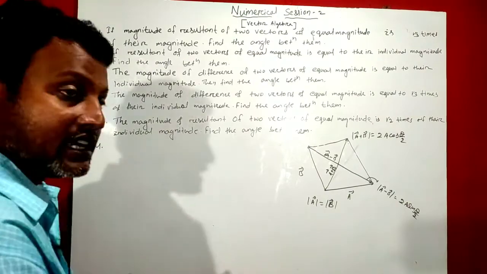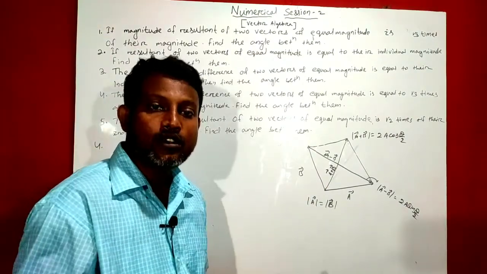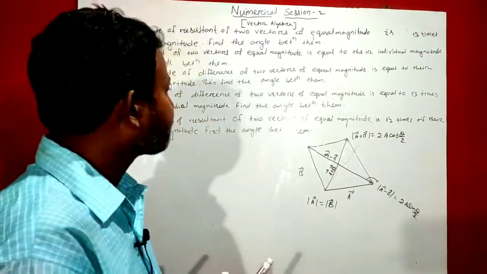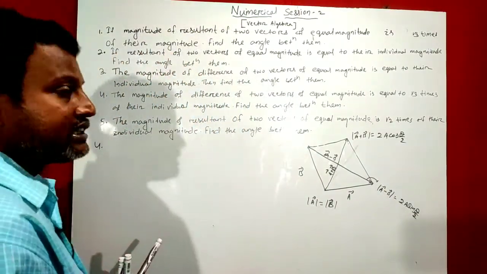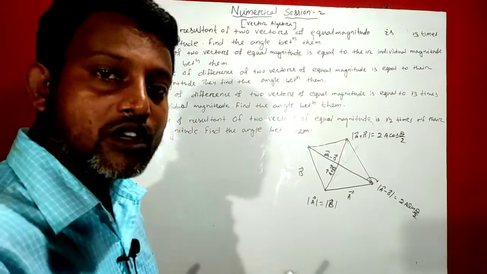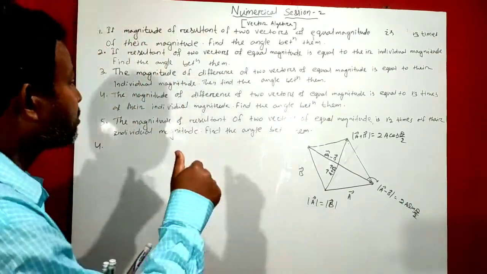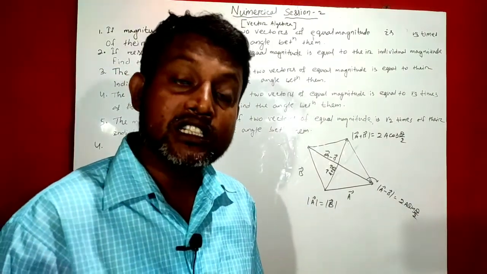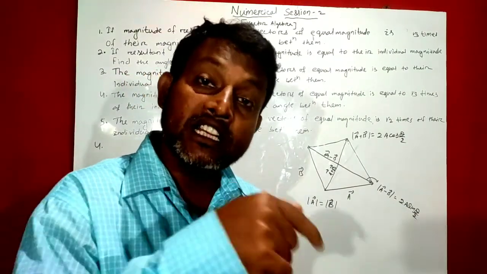That means these are two vectors of equal magnitude, and the magnitude of their difference vector is equal to root 3 times the individual vector. That means the difference vector is root 3 times the individual vector.